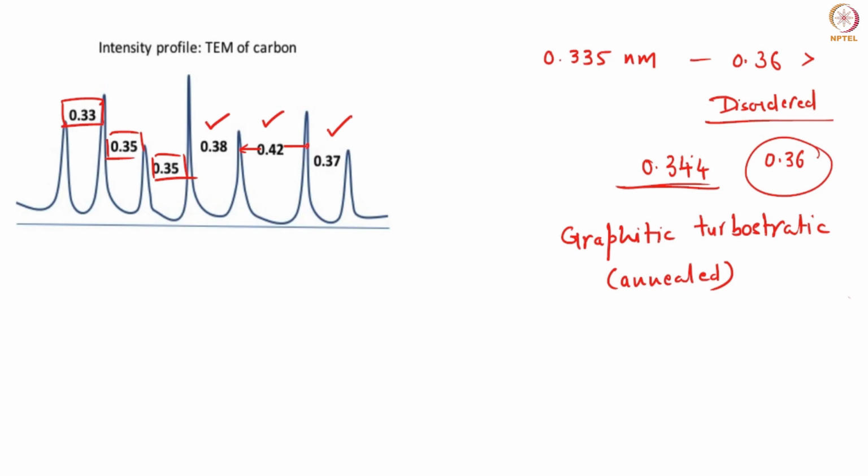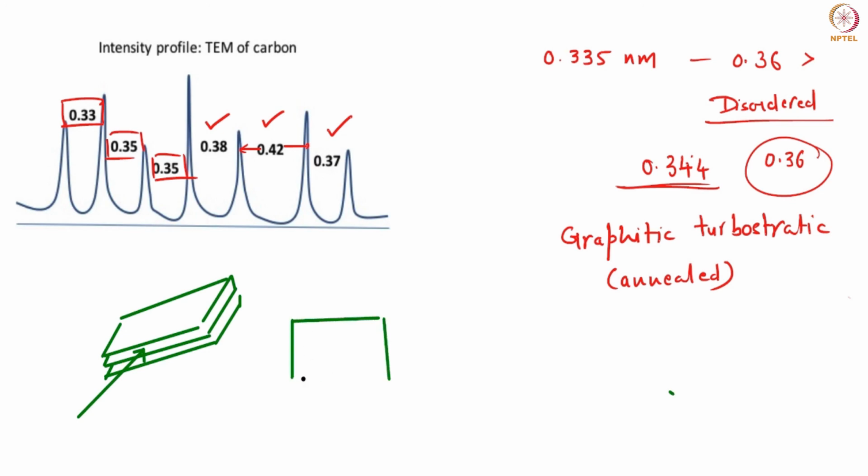So let's say if I had my stack like this. For the first three values, say it is 0.33, 0.35, 0.35. So in that case, I would assume that I'm looking at the cross section. So let's say, now when I say the first three values, then I'm looking from here. Okay, but when we see the other three values, it is quite possible that we are looking at some sort of top view.